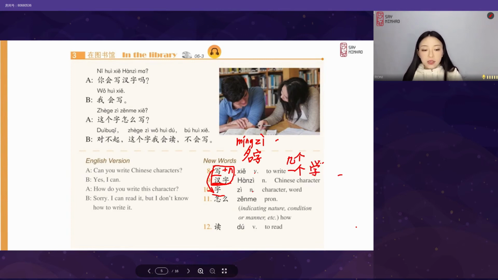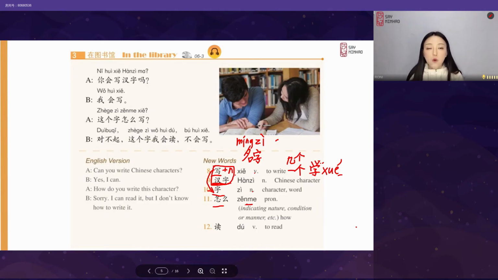It means to learn, to study. 学汉字, learn Chinese characters. And one character, not 汉字, just 字, it is 一个字, 一个字. And how many characters? 几个字? Very good. Now let's move on to the next new word, which is 怎么. 怎么, the 么 is a neutral tone.